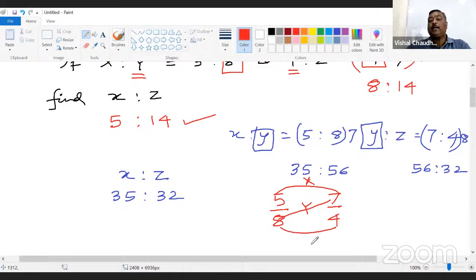And when you multiply here, you will get the value of z. 5 times 7 is 35, 7 times 8 is 56, and 8 times 4 is 32. Did you get my point? So we can say it is nothing but a Z structure. Clear?